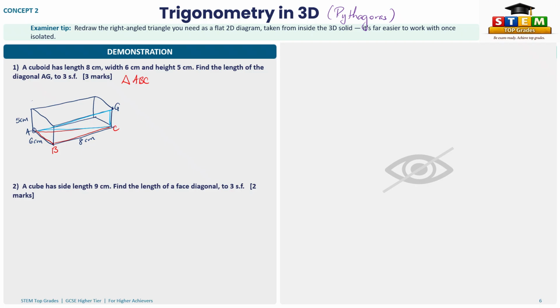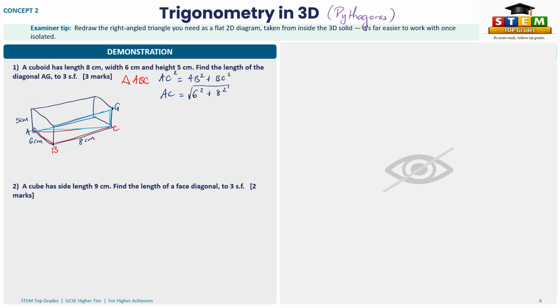So A, B, C. We have AC, which is found by using Pythagoras theorem. AC squared, AC is the hypotenuse for 6 and 8. It's always good to write an expression or an equation as a formula. This is your formula to use. So AC squared is AB squared, AB is 6, so square 6, plus BC squared, BC is 8, so we square 8. Therefore AC is the square root of 6 squared plus 8 squared.